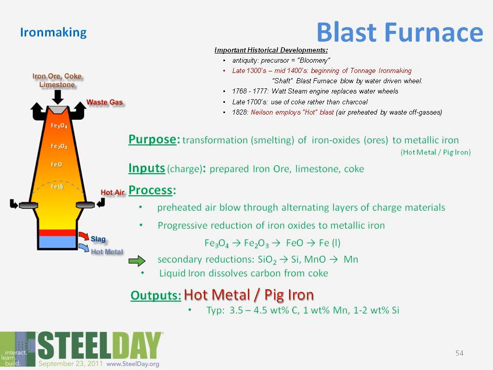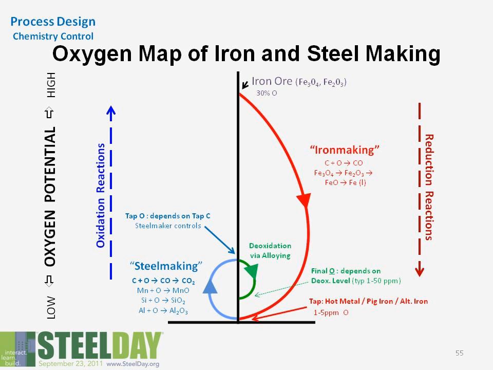If we stop and look at what the steel and iron making process is, as they taught us in school, it's really a reversal between reduction and oxidation reactions, where we start with the ore, very high in oxygen content, typically 30% oxygen, and through iron making, we reduce or remove that oxygen till we end up with a hot metal, very low oxygen, but very high carbon, typically too high, again, 3.5 to 5%, too high to be used.